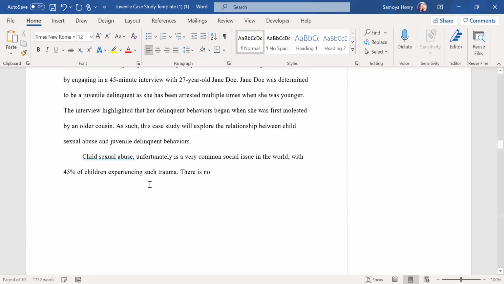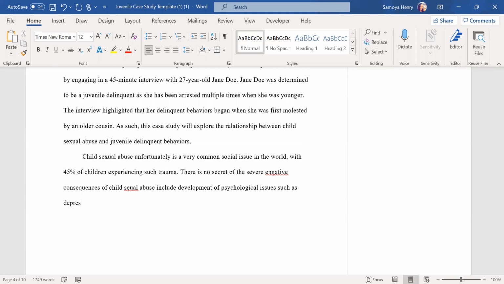There is no secret of the severe negative consequences of child sexual abuse, including development of psychological issues such as depression and anxiety, suicidal ideations and attempts, poor academic performance, and as this case study would suggest, engagement in delinquent behaviors.